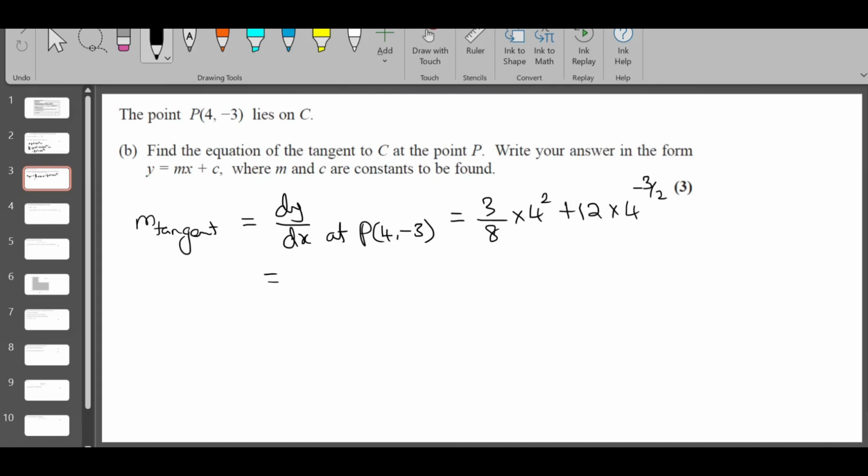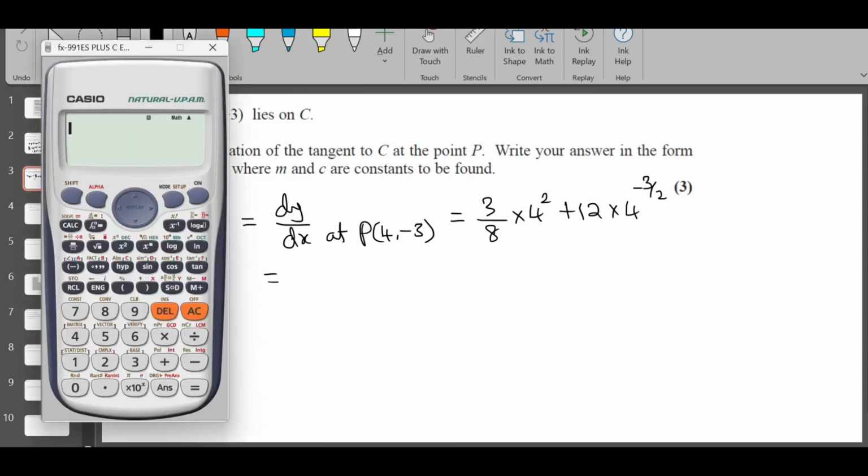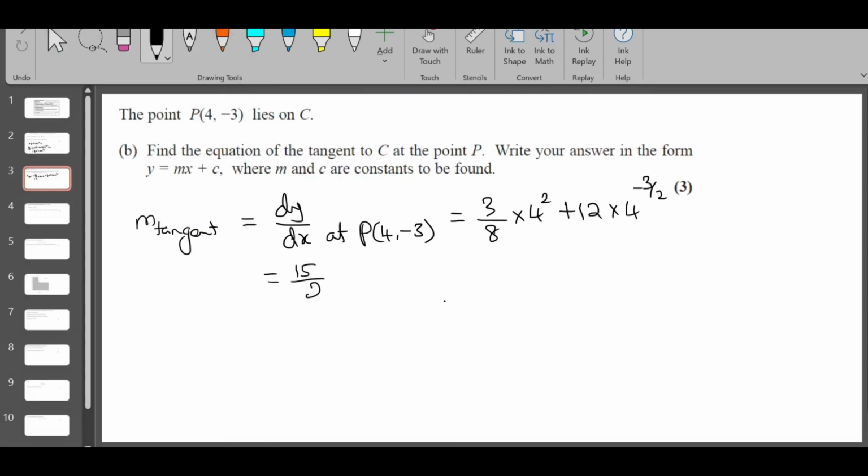That would be the slope actually. So let's calculate this. 3 over 8 times 4 square plus 12 times 4 to the power minus 3 over 2. So it's 15 over 2.